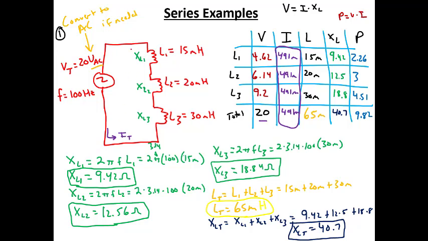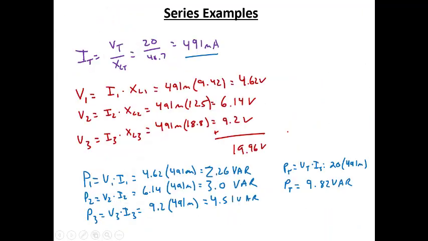Step 2 is to find all the inductive reactances. Step 3 is to find the totals, L total and X sub L total. Then step 4 is to find the total current. Step 5 is to find the individual voltages, and step 6 is to solve for all of the powers.